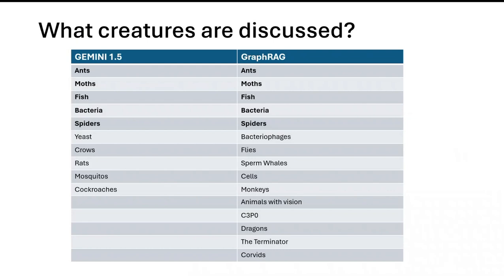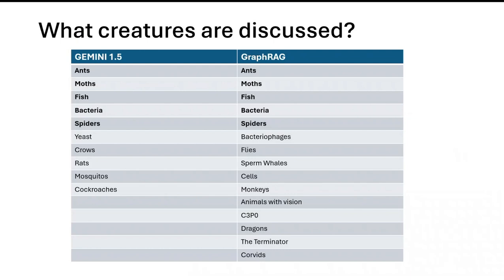Gemini, even though it has everything in the large context itself, gives only some of the creatures discussed, but GraphRAG gives you a whole set. Gemini gives an accurate response, but it misses out a lot of creatures here.